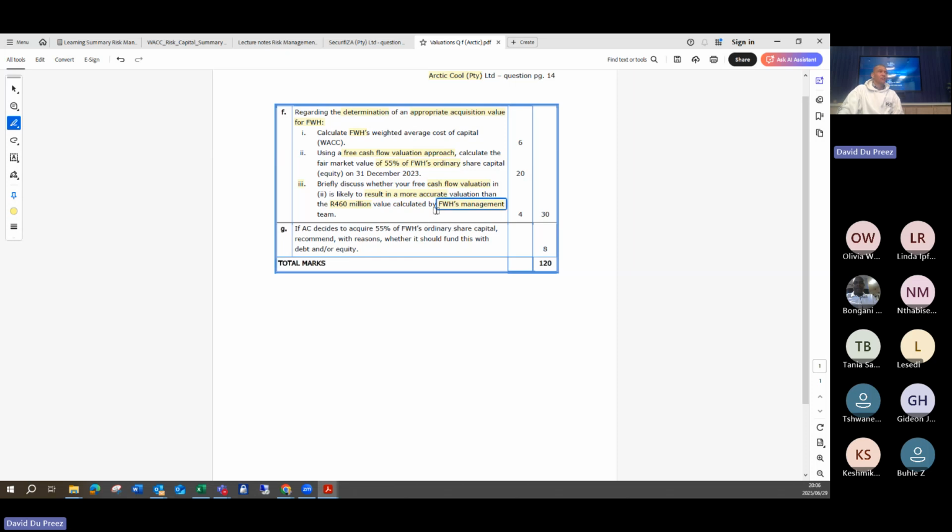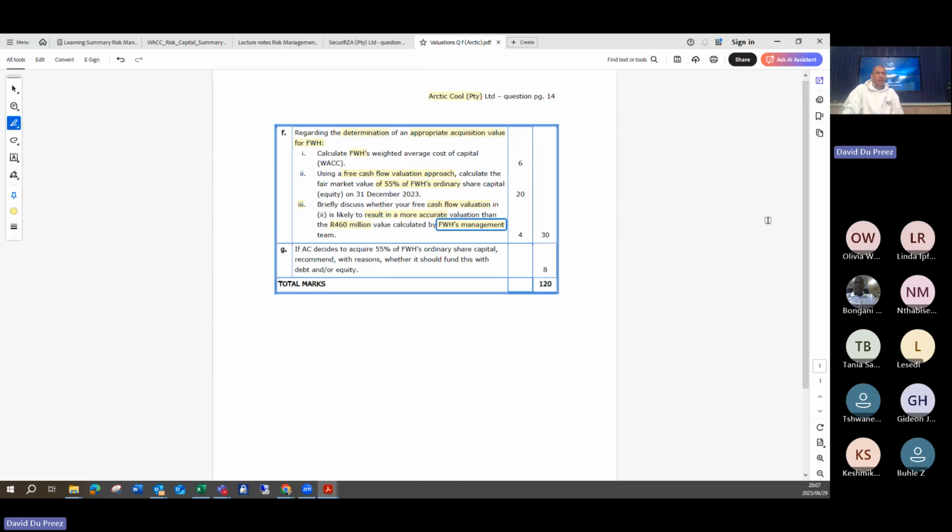Now the question here would be, is it the comparison between free cash flow and 460 million rand, or is it the free cash flow versus the method that they applied? This scenario tests your understanding of free cash flow, what it means, what you need to do, and how it results in an answer, versus what the management did.